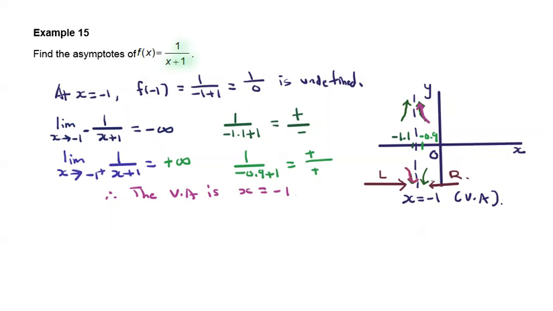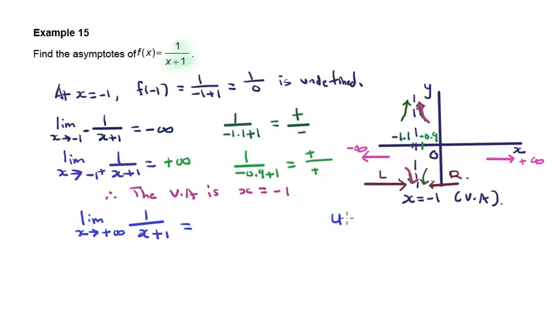Next, we're going to find the horizontal asymptote. The horizontal asymptote is the limit at negative infinity and positive infinity. So the limit as x approaches positive infinity of 1 divided by x plus 1.